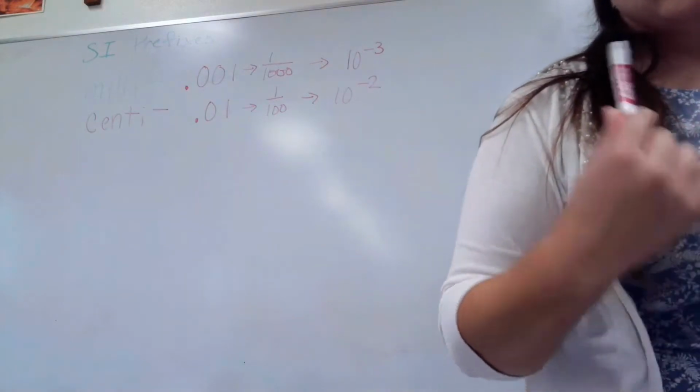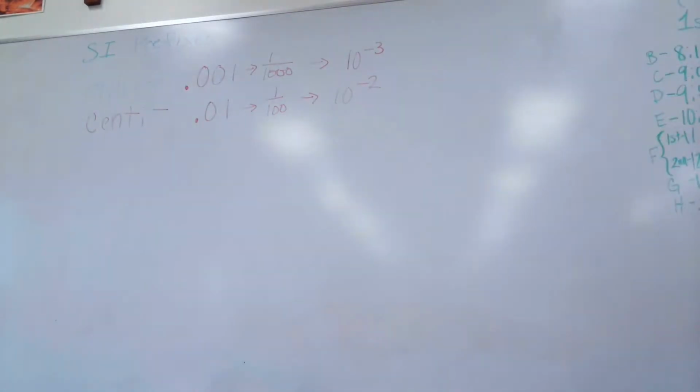Now we're going to get to ones that are bigger. There are prefixes that go between your base unit and kilo, but they're not hardly ever used. Especially for things like meters, right?